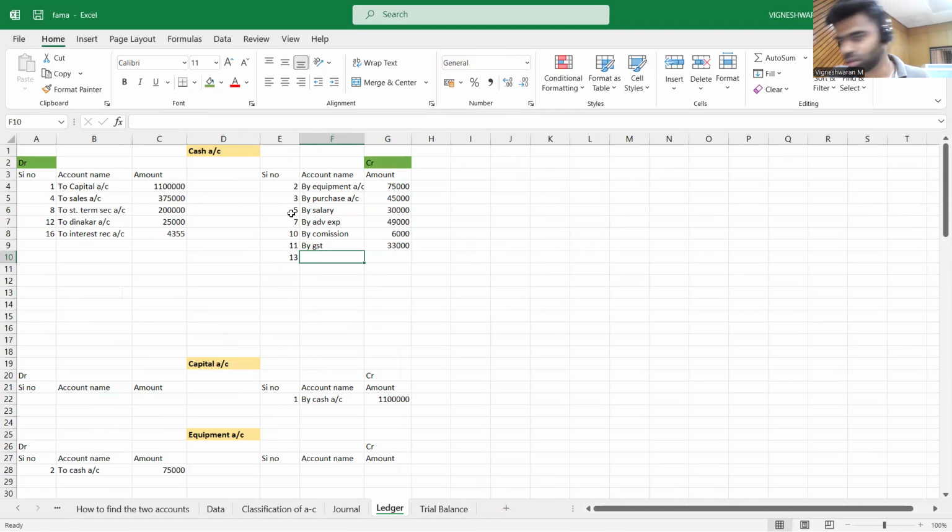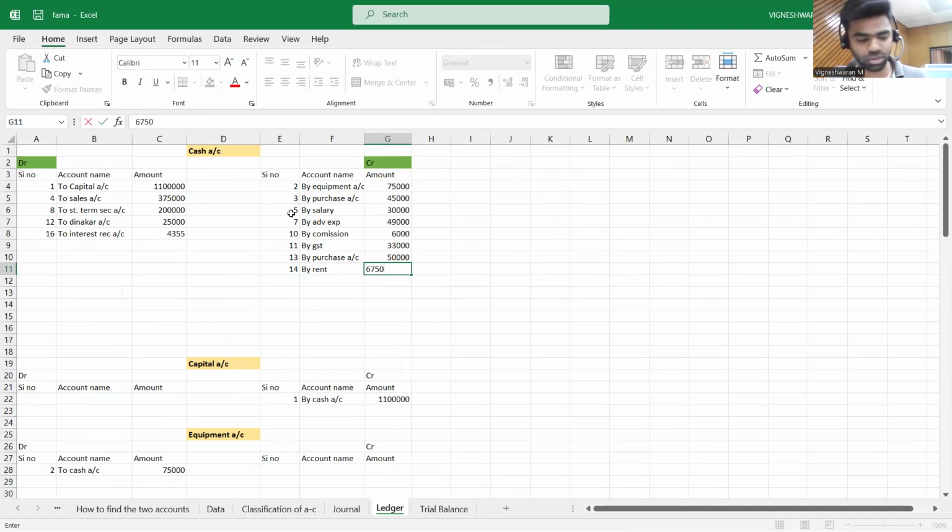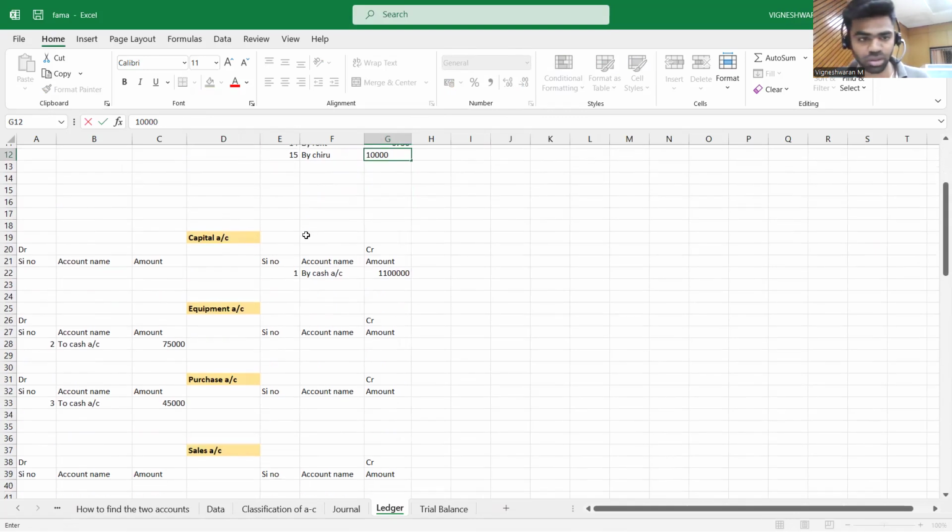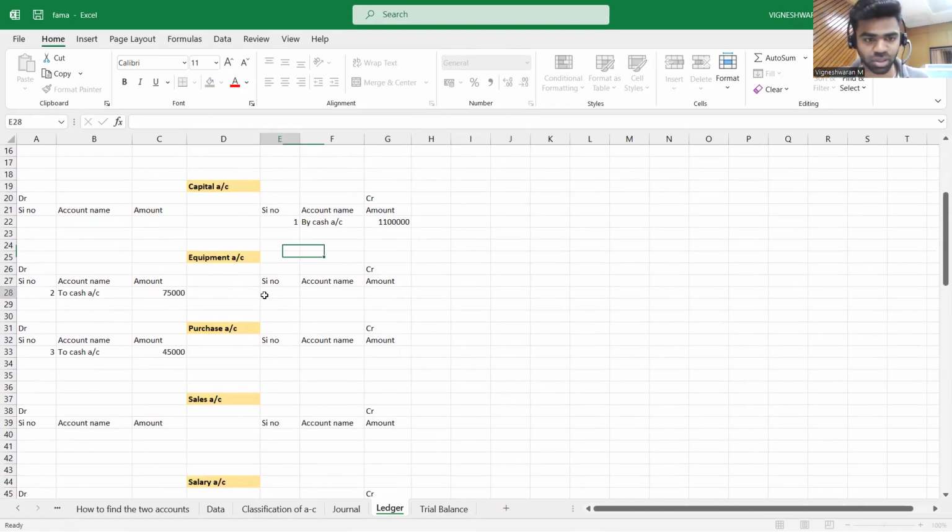For the 13th one, by purchase, it is 50,000. For the 14th one, by rent, it is 6,750. For the 15th one, by zero, it is 10,000. So for capital, nothing will be there. Equipment, 17th one, depreciation, 15,000.